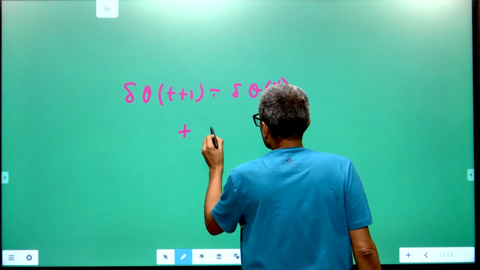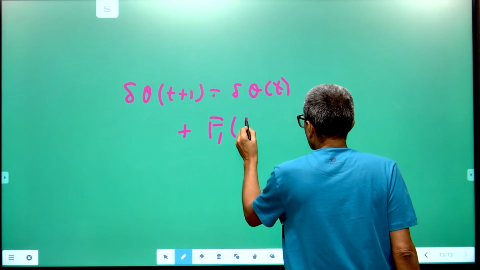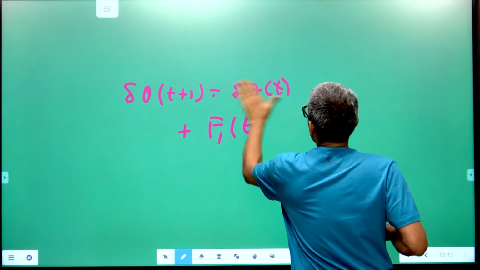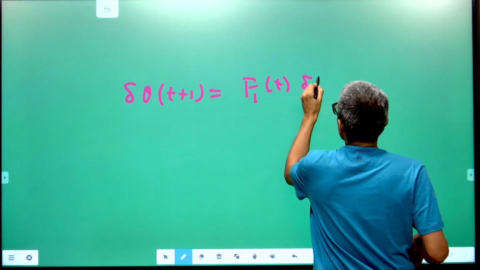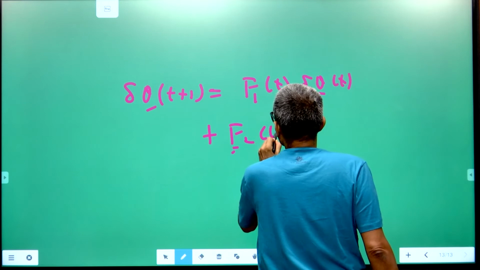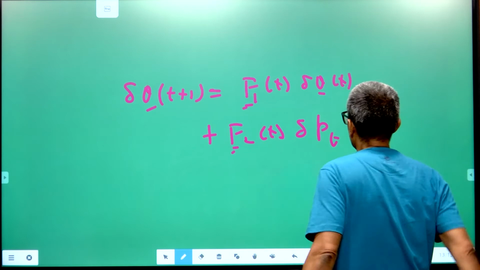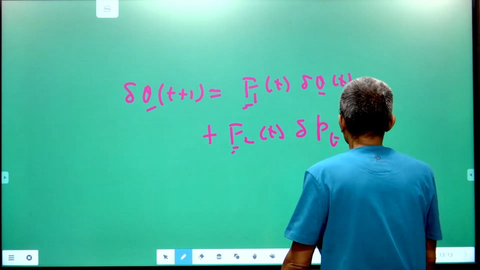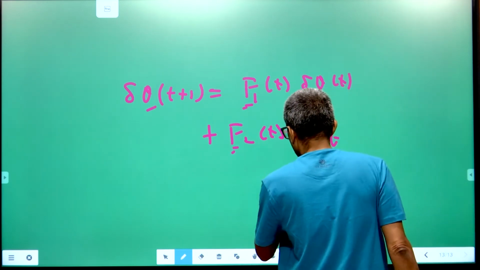So, you will get something like, it will be of this form, f1 of t multiplied by delta theta t plus f2 of t multiplied by delta p t, where p t is the reference probability density function arranged in the form of a vector whose spatial samples have been arranged in the form of a vector, and this delta p t denotes the measurement error in measuring p t.